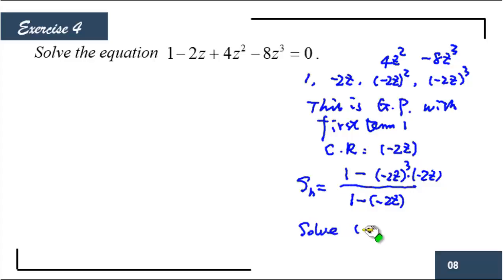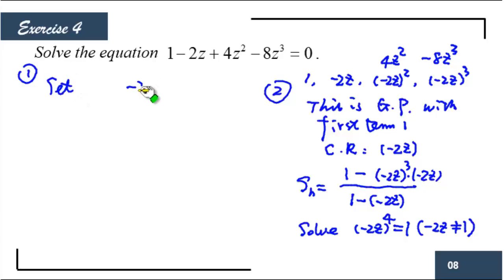So negative 2 times z to the fourth power equals 1 and negative 2z is not equal to 1. And here we choose what we have mentioned about. We could set negative 2 times z as u, and the sum of the sequence we can describe as 1 plus u plus u squared plus u cubed equal to 0.